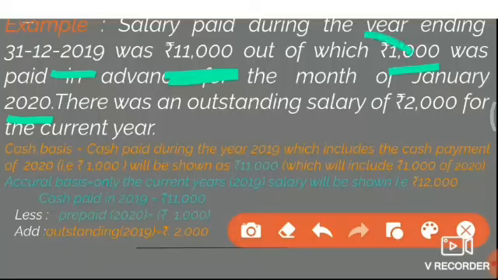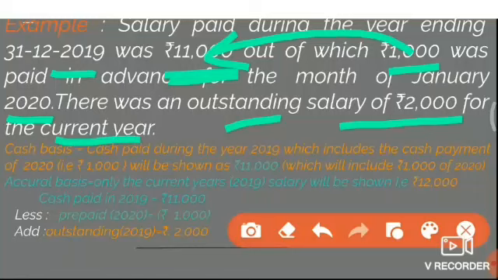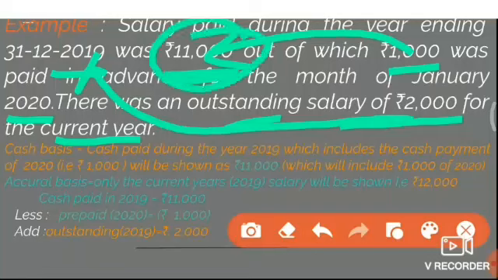So this 1,000 rupees is paid in 2019, so it is there in that 11,000. And the question also says that there is an outstanding salary of rupees 2,000 for the current year. Current year means it belongs to the year 2019, which is not paid. So it will not be there in this 11,000 rupees.